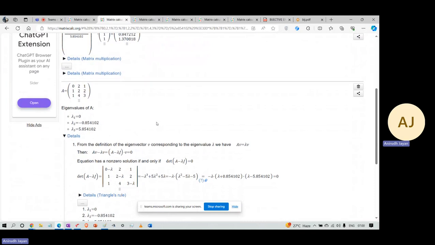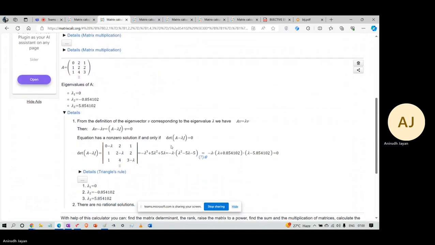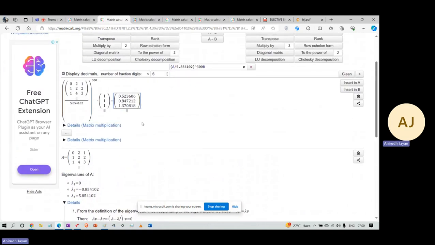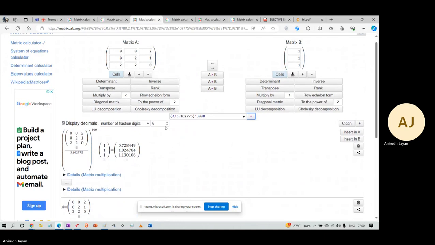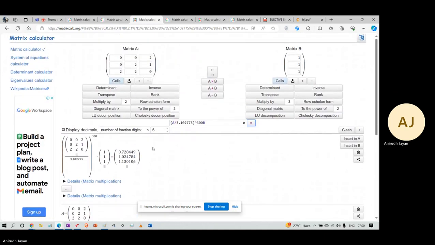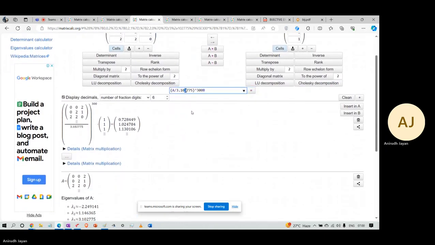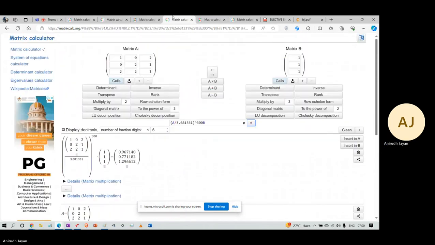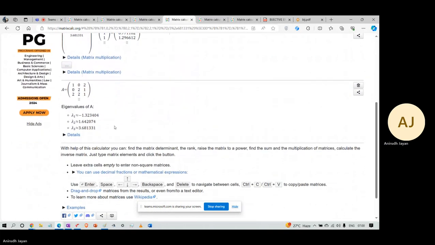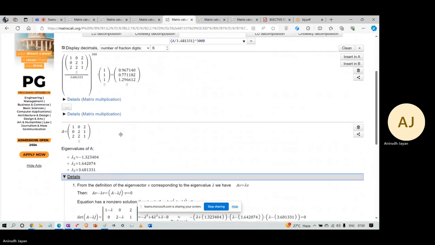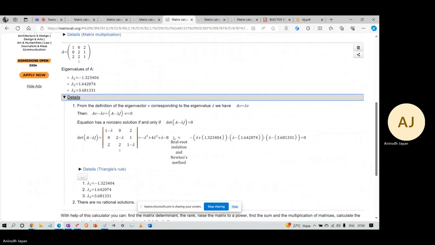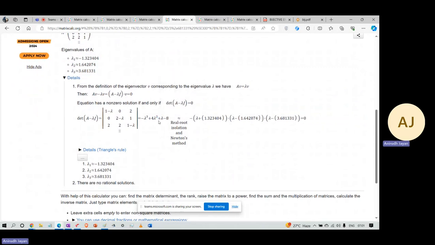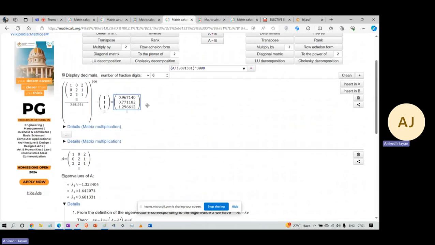One can confirm this with the matrix calculator. This is for the king, the largest eigenvalue, and the coefficients. For the knight, largest eigenvalue and the coefficients. For the bishop as well, largest eigenvalue, characteristic polynomial, and the coefficients.